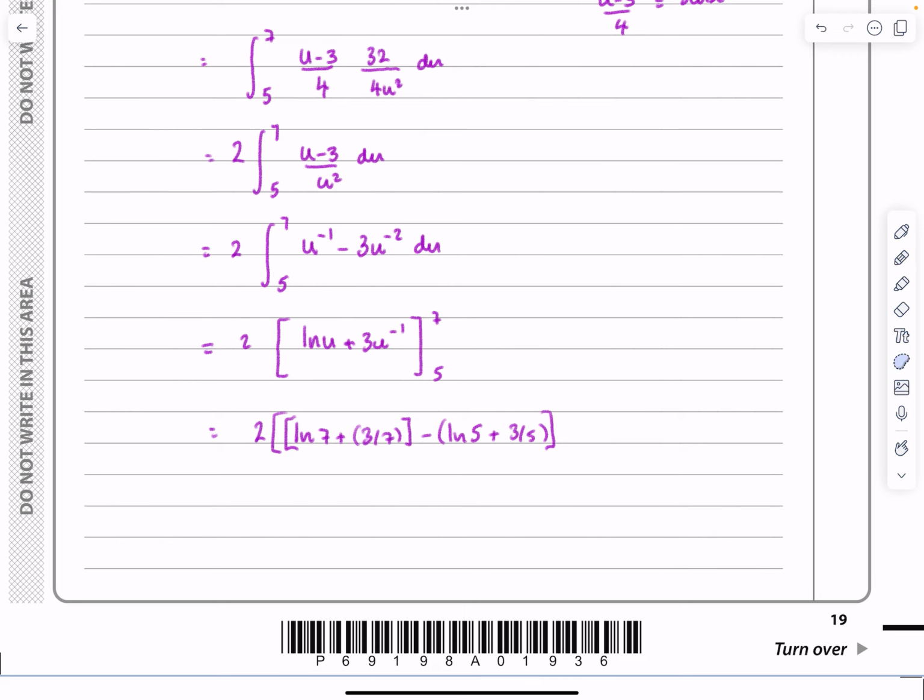Let's sort out those brackets actually. That's just a bit neater to do it like that. So sticking 7 in and then sticking 5 in.